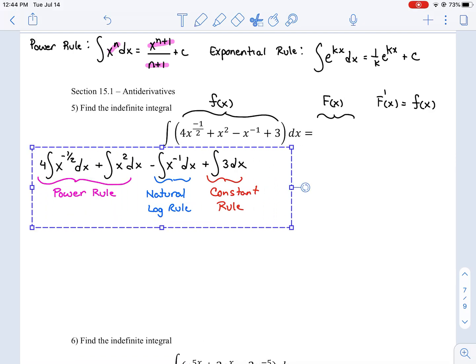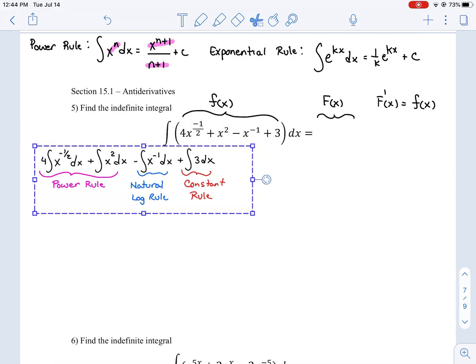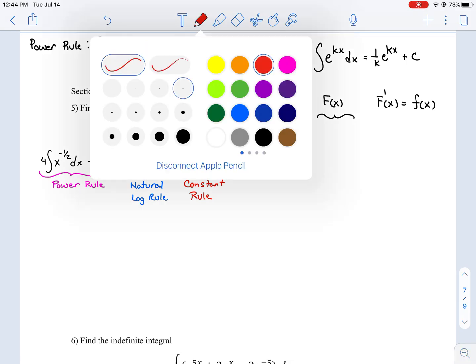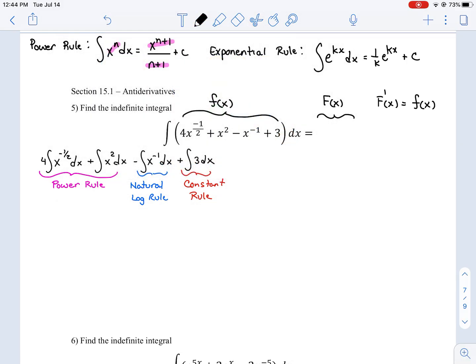And now that we have all of our rules established, I am going to apply those rules, starting with the power rule. So notice I'm going to add 1 to negative 1/2, and then divide this whole expression by negative 1/2 plus 1.